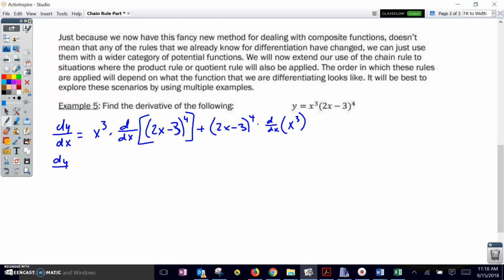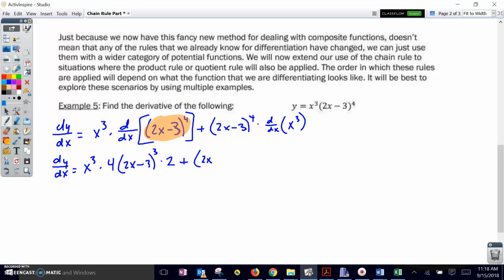So we've got dy dx equals x to the third times, and now we want to apply the chain rule to find this derivative, the derivative of the 2x minus 3 to the fourth. So that's going to be 4 times the quantity 2x minus 3 to the third times the derivative of the inside. The derivative of the inside is 2.